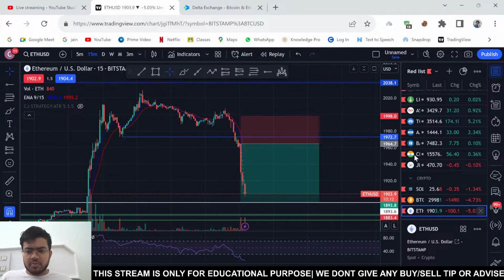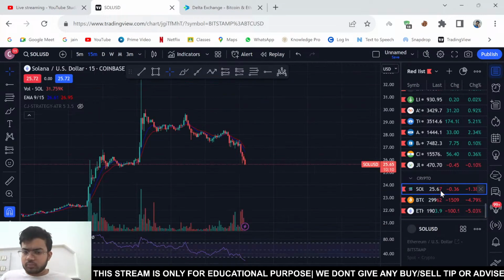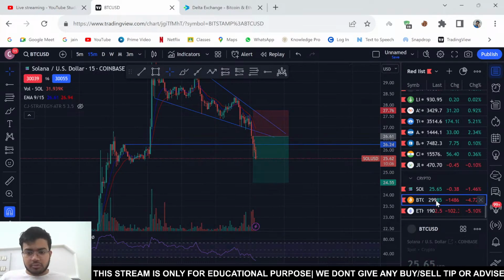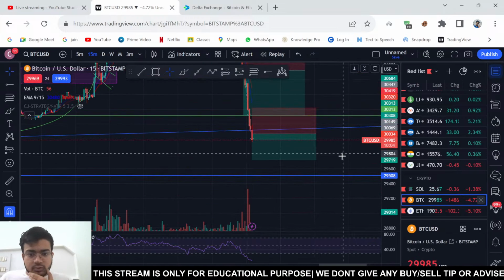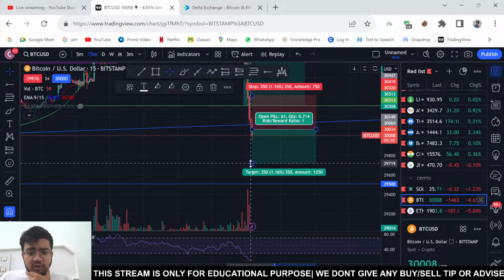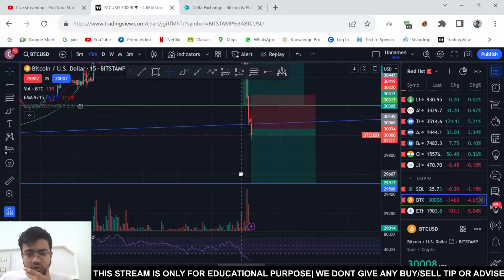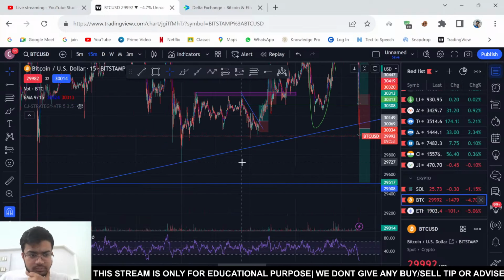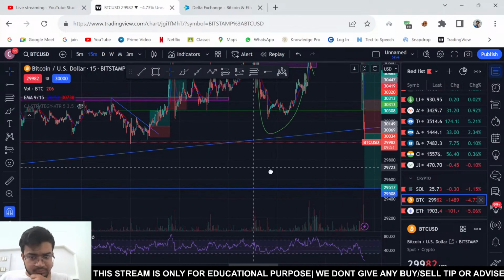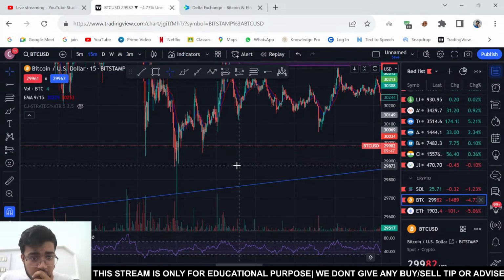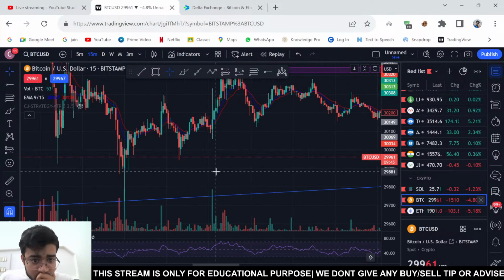I missed this trade, but it's okay. The Bitcoin position is looking nice, honestly. This point can actually act as a major resistance level for me.